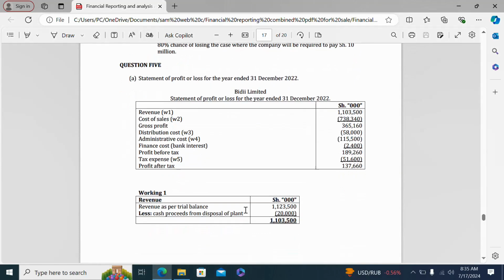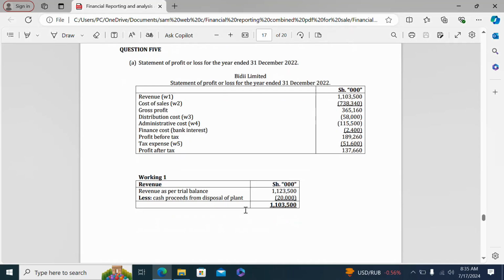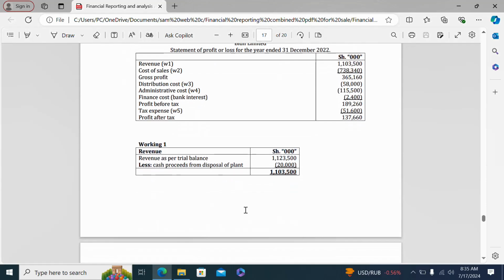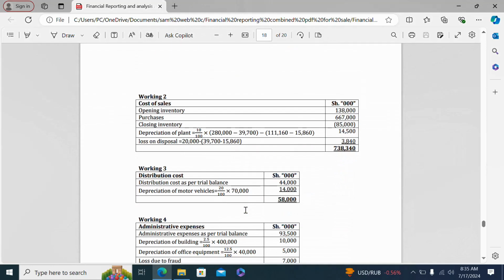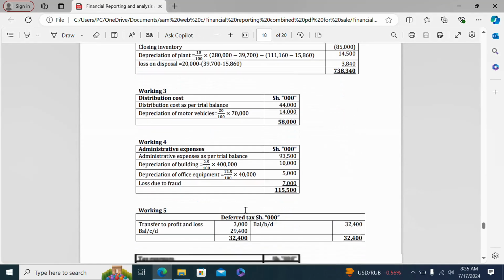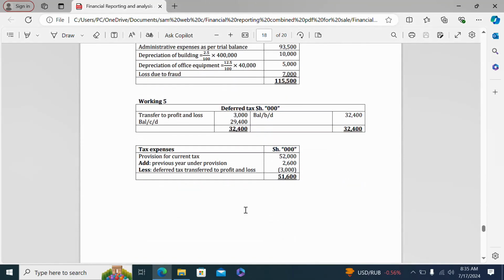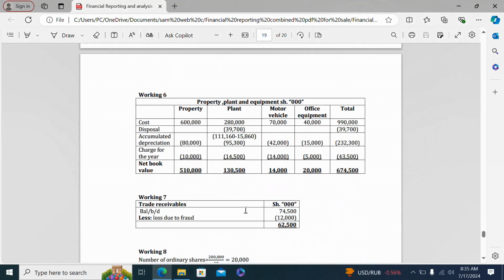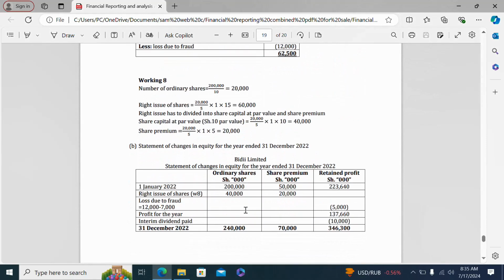then we have question 5, BD Limited statement of profit or loss for the year ended 1st December 2022. We have working 3, working 4, working 5, working 6, working 7, working 8.